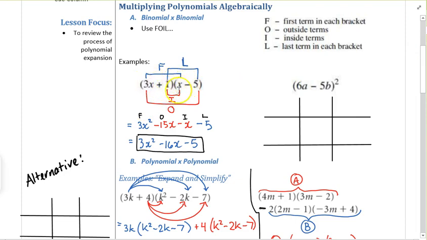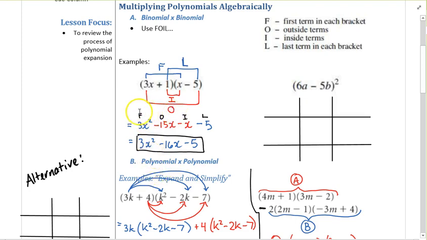I've expanded this binomial using FOIL. FOIL is our preferred route for expansion because you can do it in your head. You see down here in this example, I've shown these arcs. The arcs are great when you're in junior math, but they take up a lot of space and make your work a little bit messy.